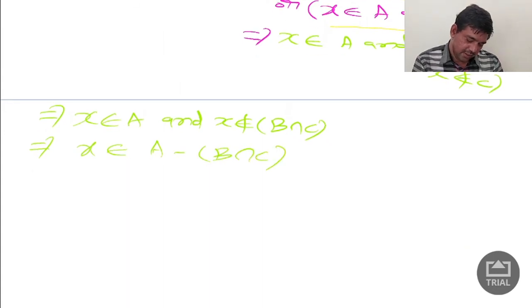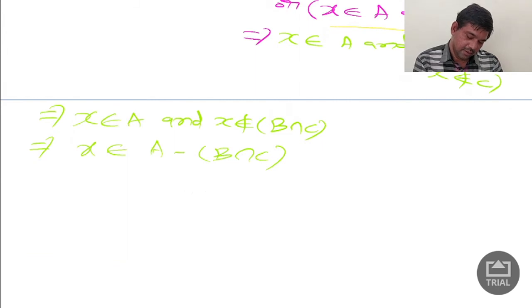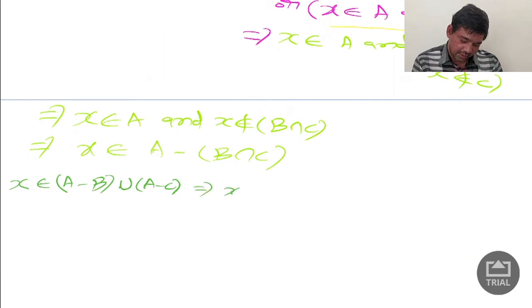So where I started, at x belongs to a minus b union a minus c, I reached at the point x belongs to a minus b intersection c.